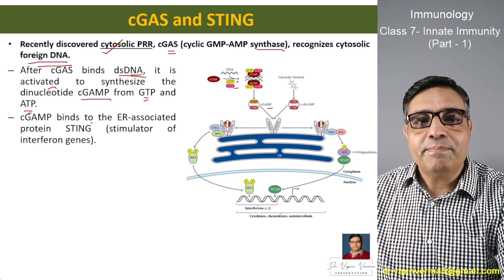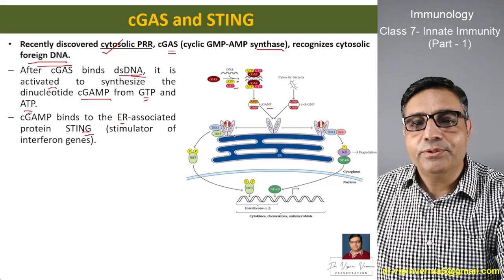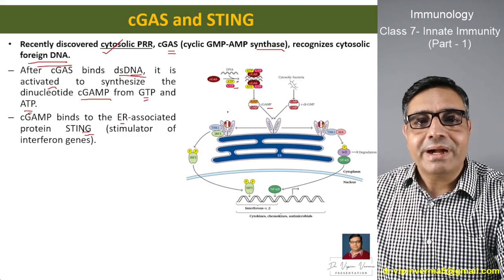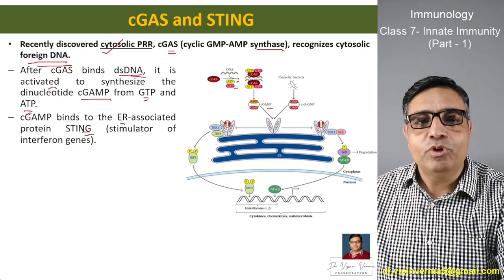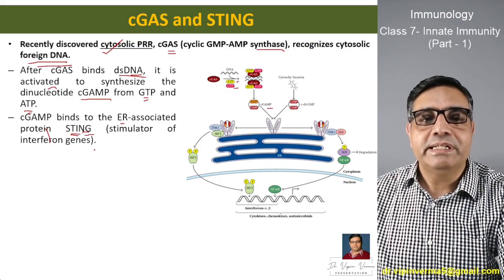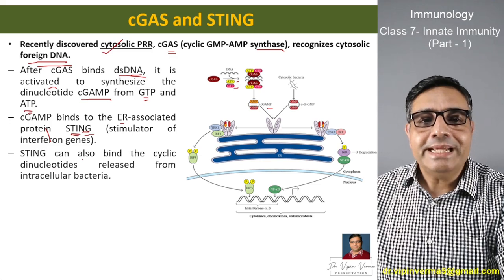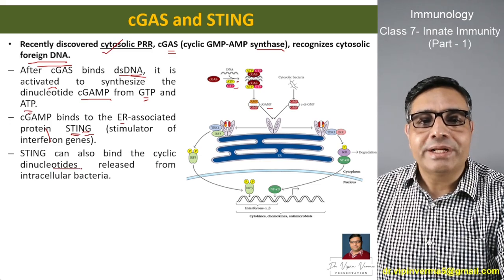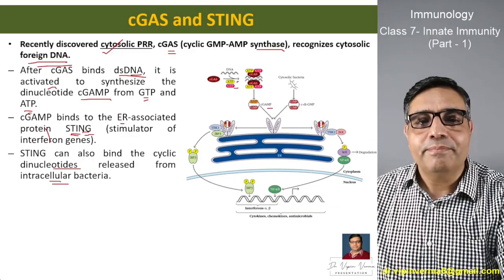Now cGAMP binds to the ER-associated protein STING. So endoplasmic reticulum, here you can see, and there we have the STING protein. This STING protein is present on the endoplasmic reticulum, and this cGAMP can bind to this STING, which is the stimulator of interferon genes. STING, the full form or abbreviation is stimulator of interferon genes. STING can also bind the cyclic dinucleotides released from intracellular bacteria.